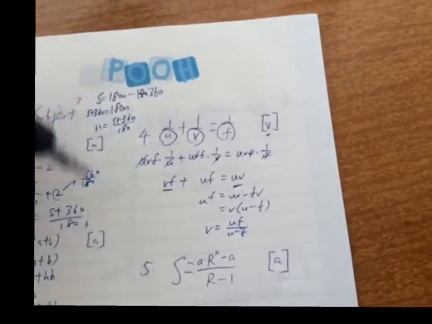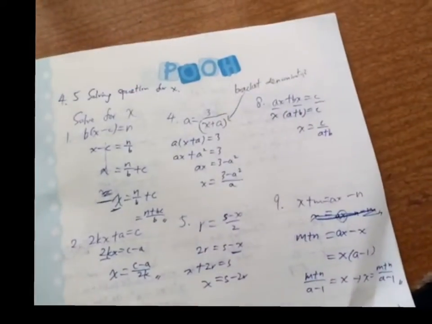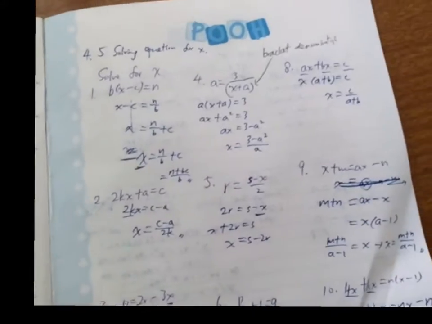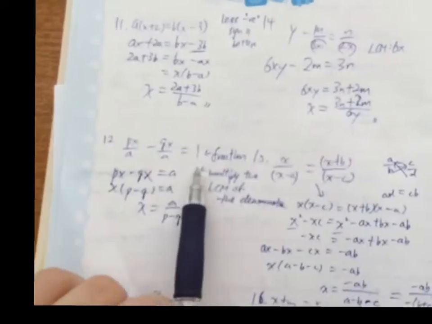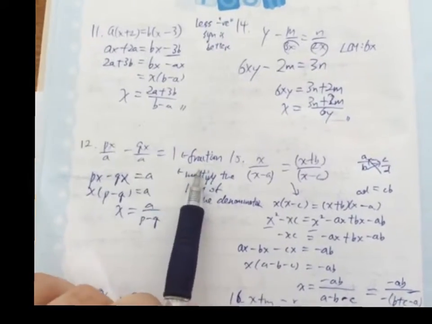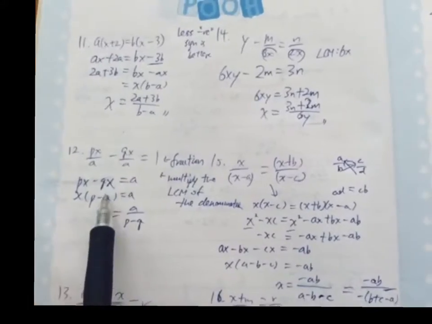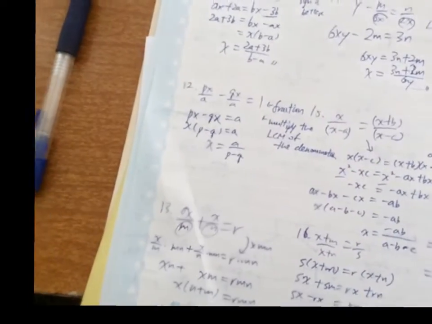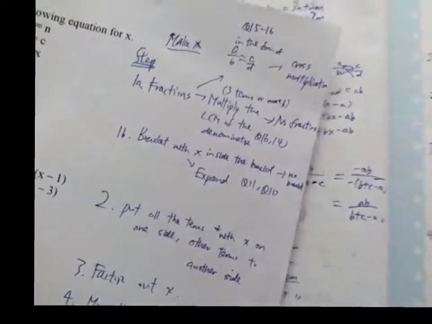So this goes through a few procedures, just like solving for x. Solving for x, just like these questions: first you treat the fractions, you multiply the whole term, and then you move all the terms with x to one side, and then you factorize out, and then you move the factor.